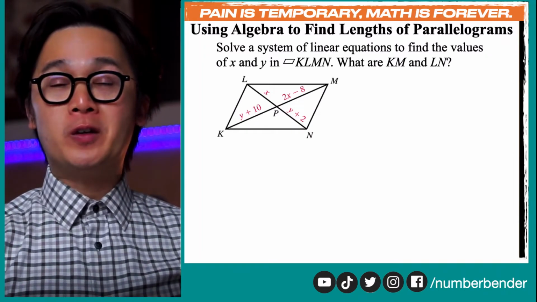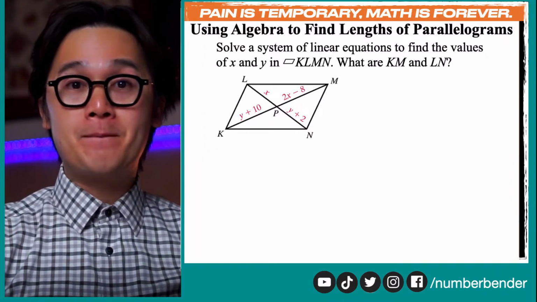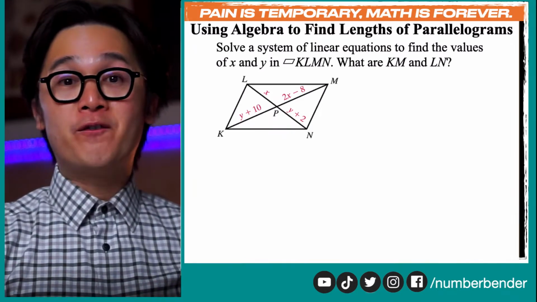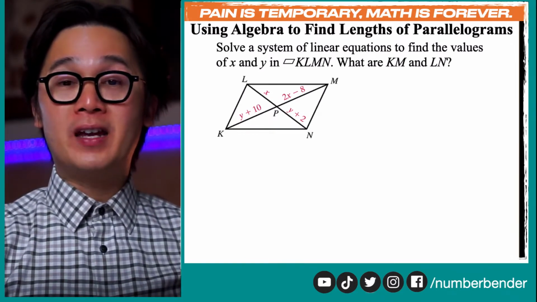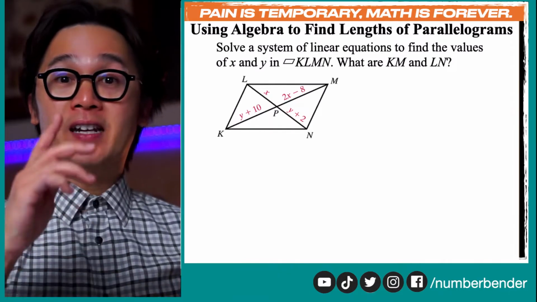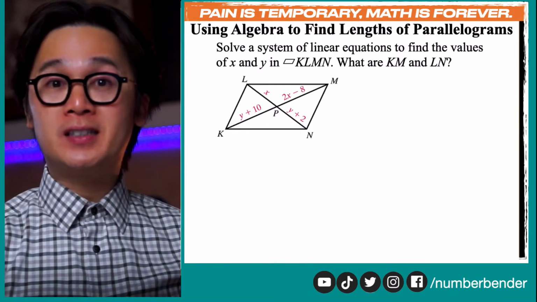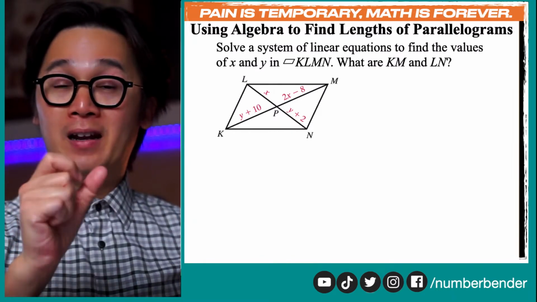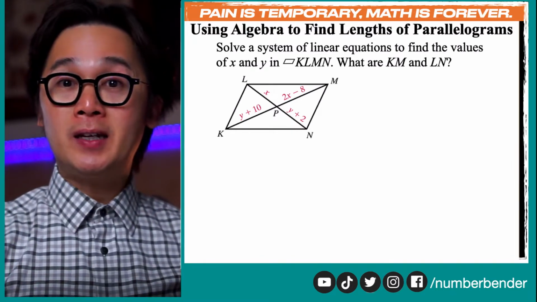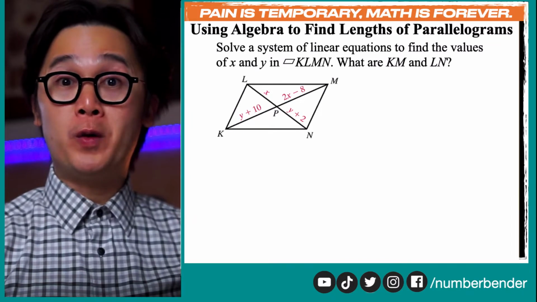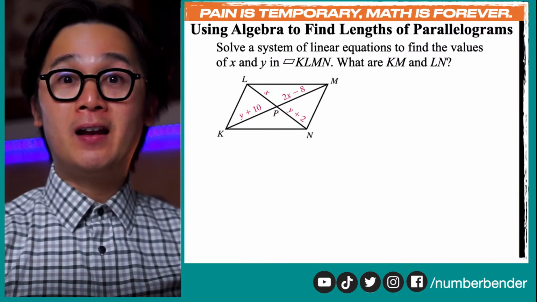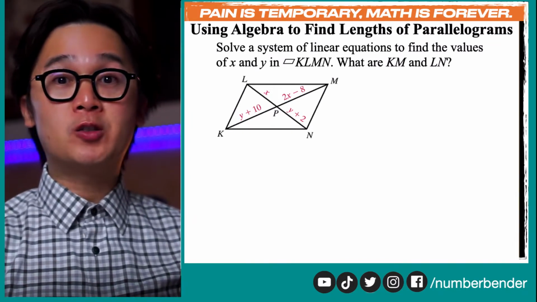So what we're going to do is rely on our conditions for parallelograms, and we know that in a parallelogram, the diagonals bisect each other, which means the lengths of KP and PM are congruent and the lengths of LP and PN are also congruent.